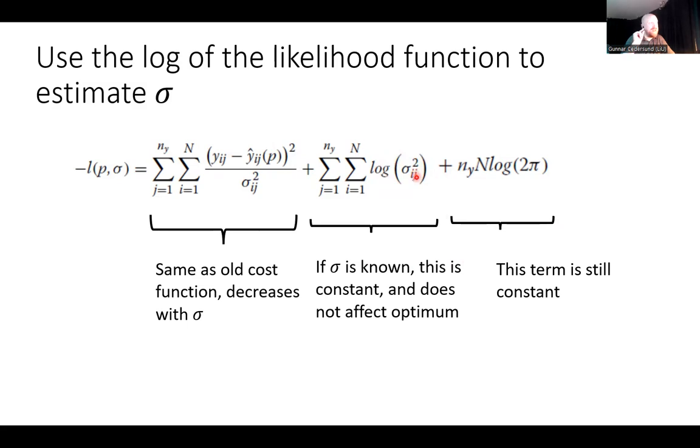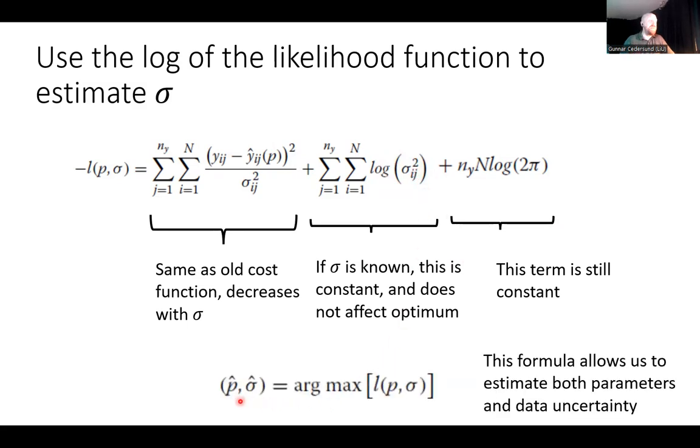That's the key thing. That means that now we can formulate another optimization problem where we minimize over P and over sigma, and we want the argument over both P and sigma. If we instead use the likelihood function or the logarithm of the likelihood function, then we will have an estimated correct value for sigma. If the model structure is correct, it will be correct.